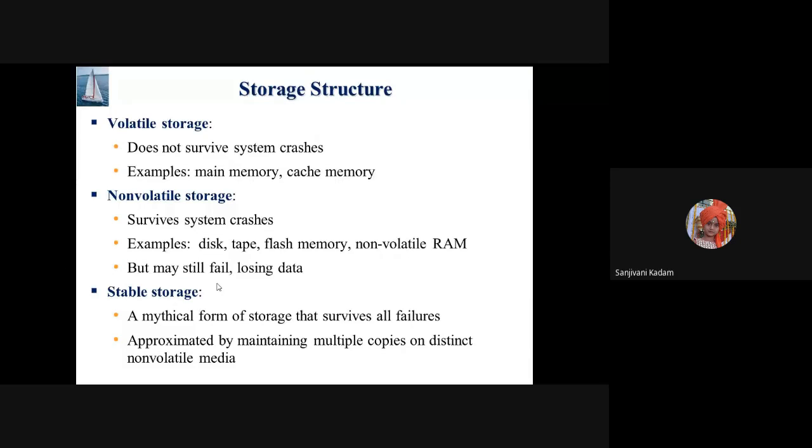So whatever data is stored at the stable storage is repeated on multiple units or multiple disks, so that even though one disk failed, a second disk or another copy exists, and that data is not lost. This is a form of implementation of stable storage.